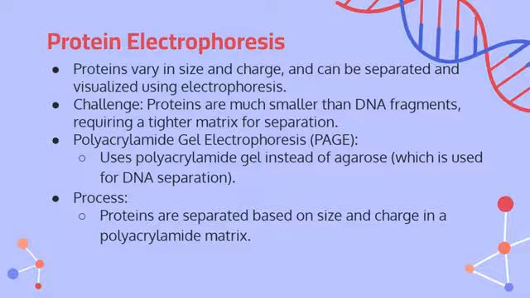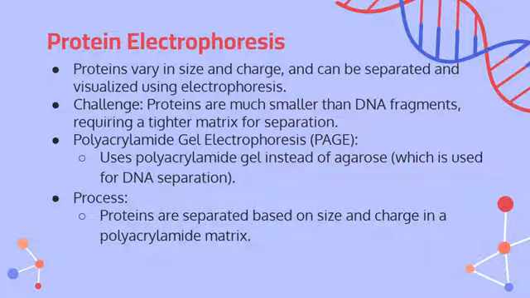We can also use protein electrophoresis, very similar to DNA electrophoresis. Since proteins vary in size and charge, they can be separated and visualized using electrophoresis. There are some challenges. Proteins are much smaller than DNA fragments, and they require tighter matrices for separation.